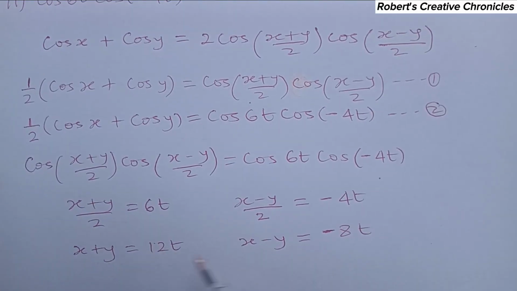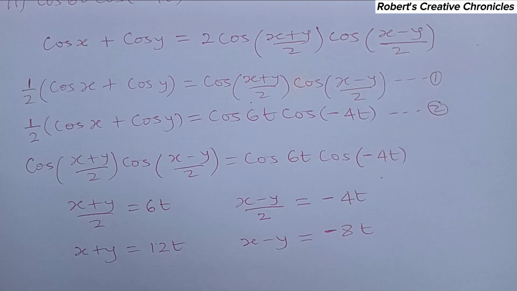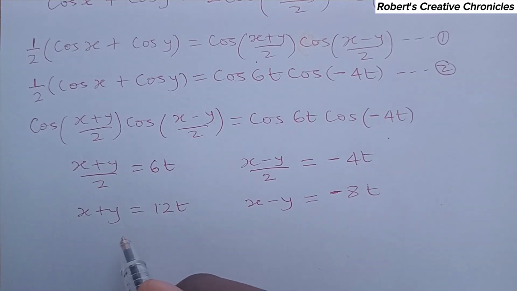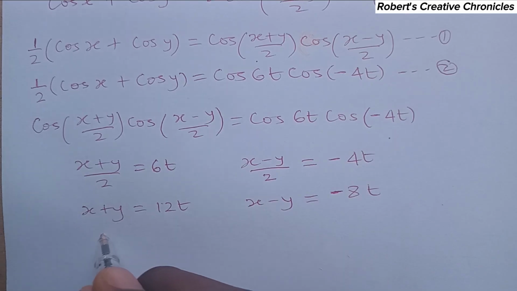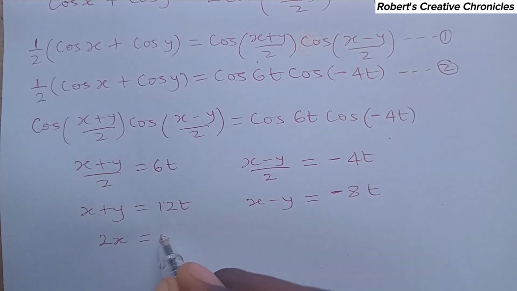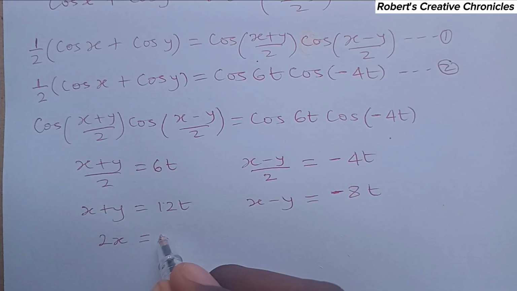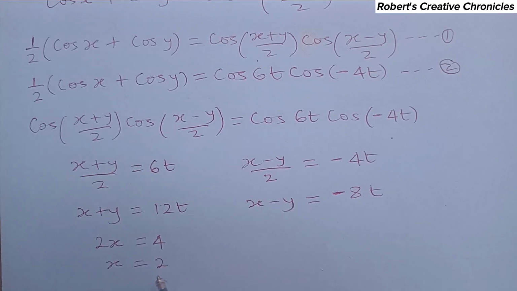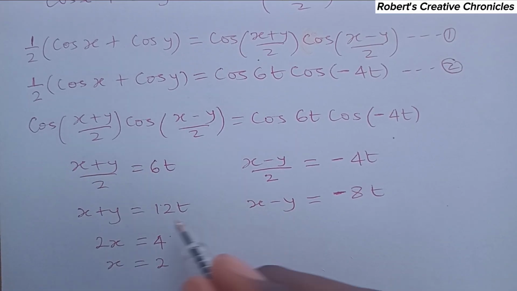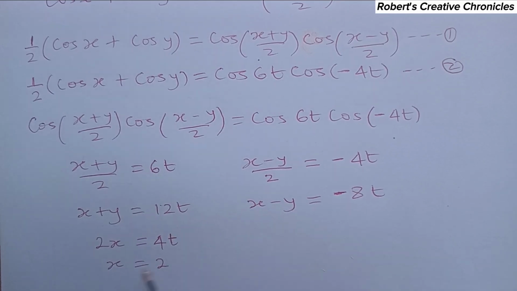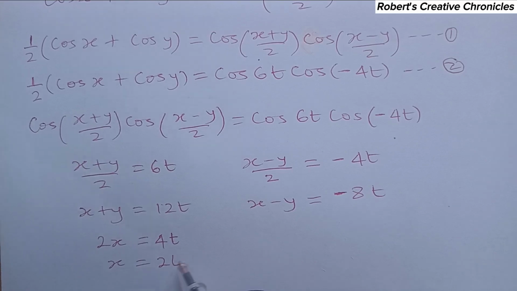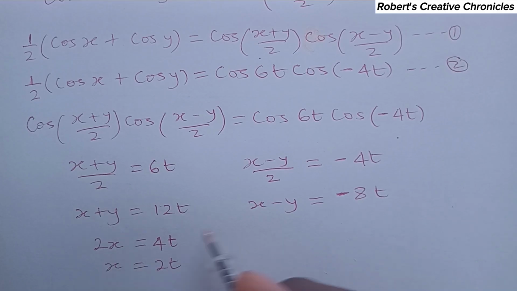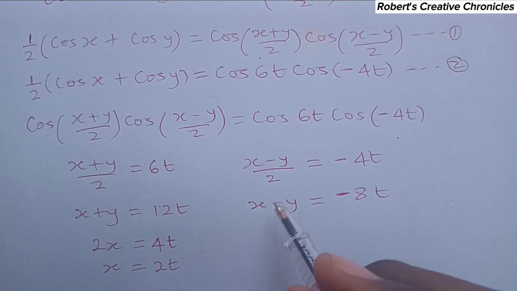Now solving these two simultaneous equations using the elimination method, we add them first to eliminate one of the variables. It becomes 2x equal to 4t. So x is equal to 2t when you divide both sides by 2. Then we subtract both sides to eliminate the other variable.